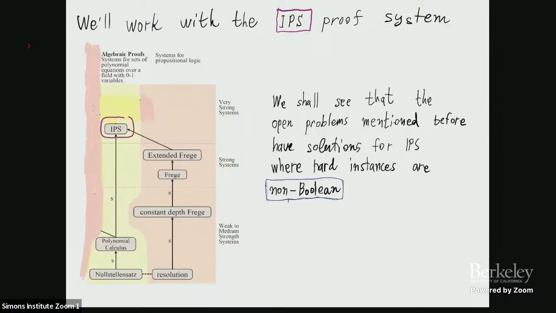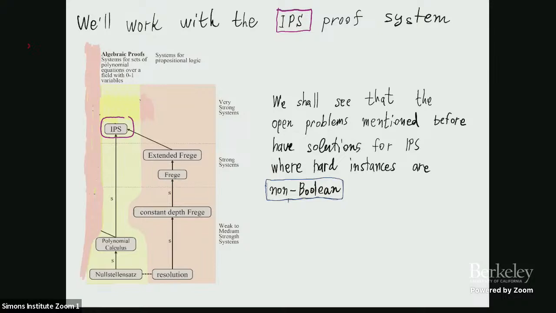So here is a sketch of the proof system map. Not all of the proof systems are there, because I want to restrict our interest not to semi-algebraic proof systems, just to algebraic and propositional ones.